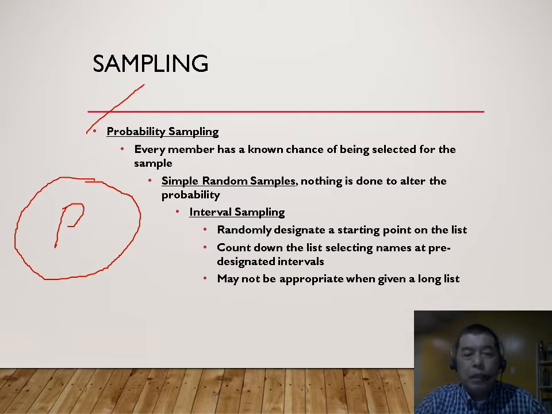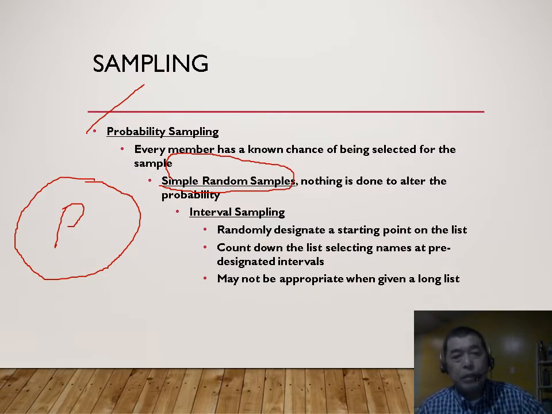And one type of probability sampling is called simple random sample, no? In a simple random sample, nothing is done to alter or change the probability. Example, you have, let's say, 50 students and I want to choose a sample, so I will draw lots, no?